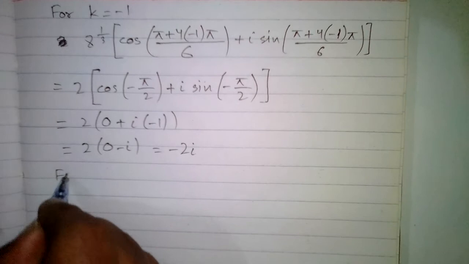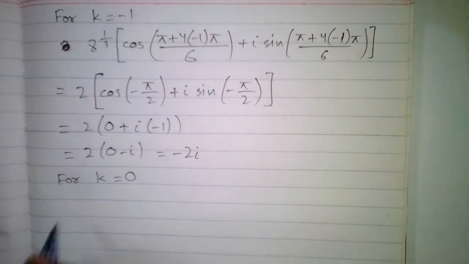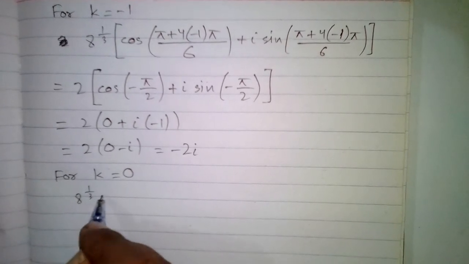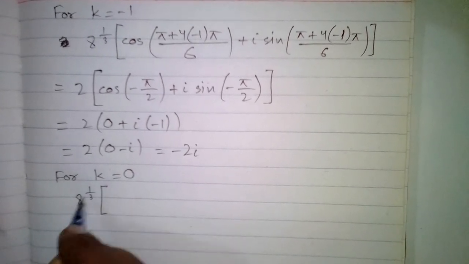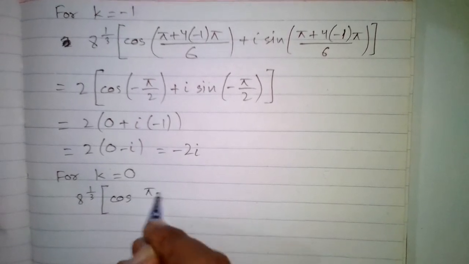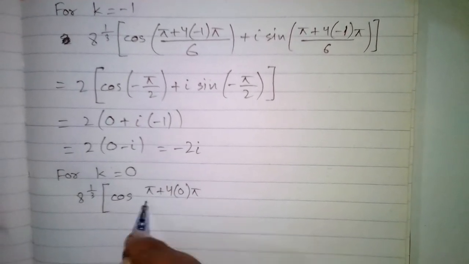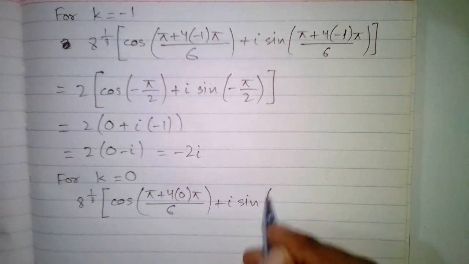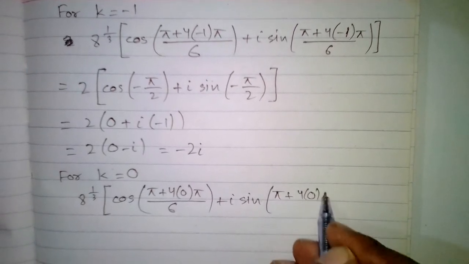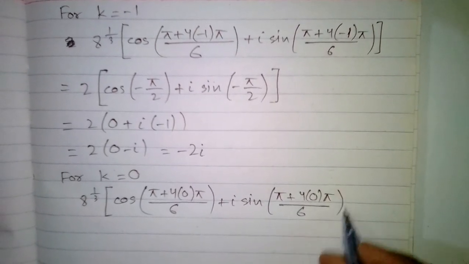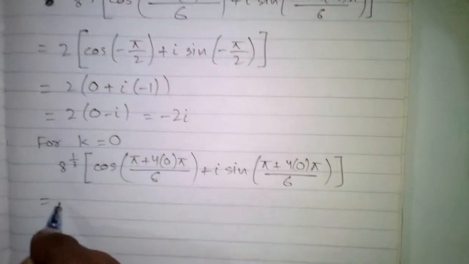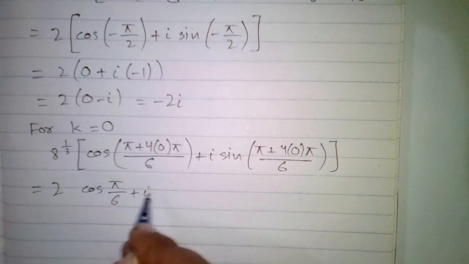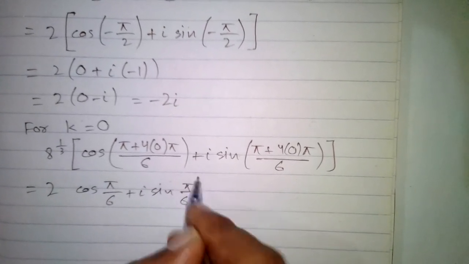Now for k is equal to 0, we will put 0 in place of k. So we have 8 to the power 1 upon 3, then cos of pi plus 4 times 0 times pi by 6 plus iota sine pi plus 4 times 0 times pi by 6, and 8 raised to the power 1 upon 3 is 2, and then we have cos pi by 6 plus iota sine pi by 6.